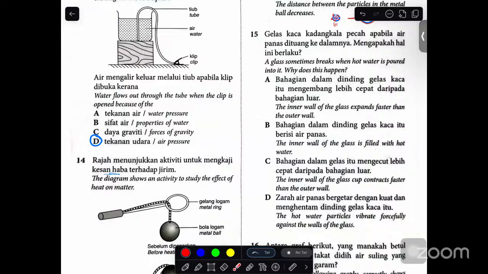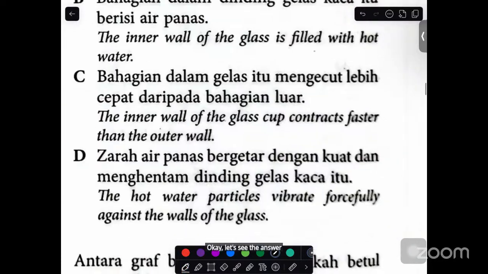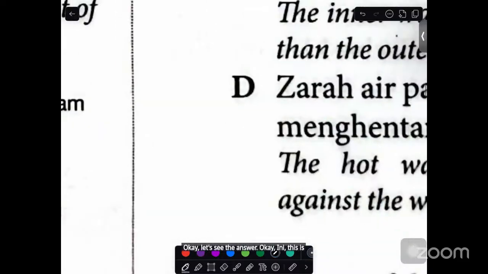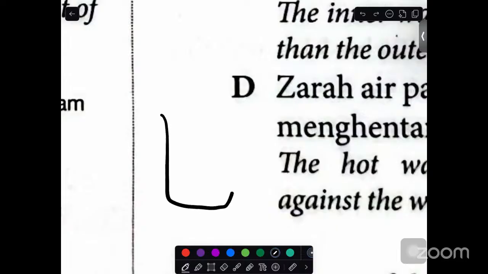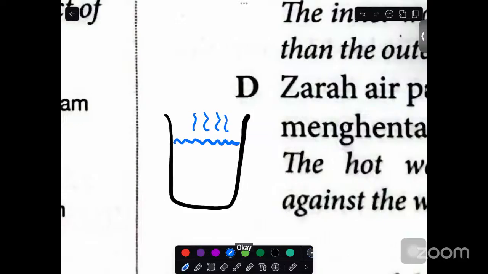Okay, banyak yang jawab D. Okay, let's see the answer. Okay, this is my glass. Ini teacher's gelas. Okay, teacher pour in air panas. Okay, ini bahagian luar gelas.